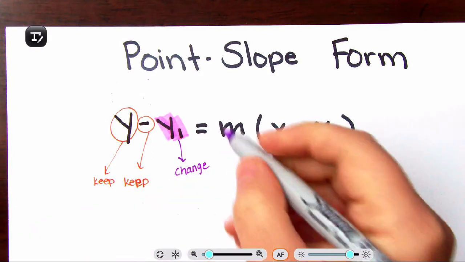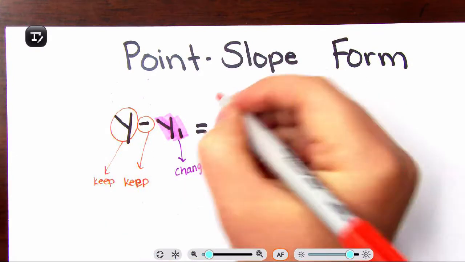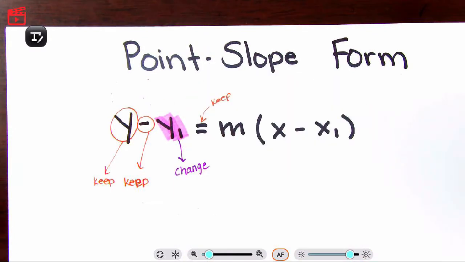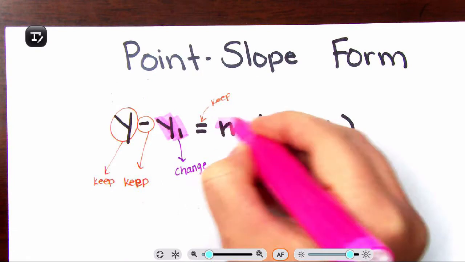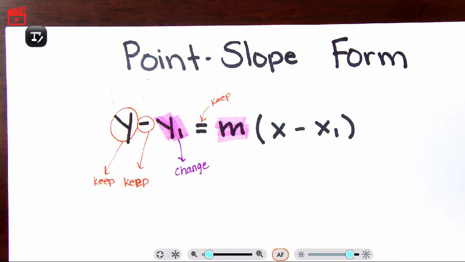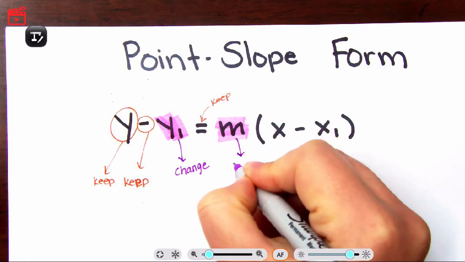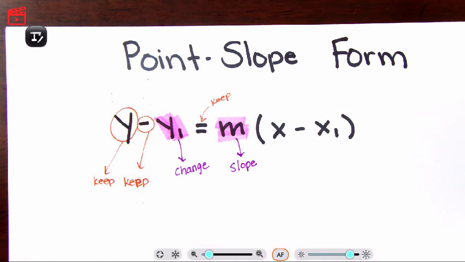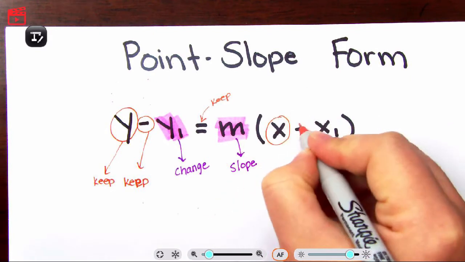We're going to keep the equals, and we're going to change m to be our slope. And then once again, we're playing keep, change, keep.